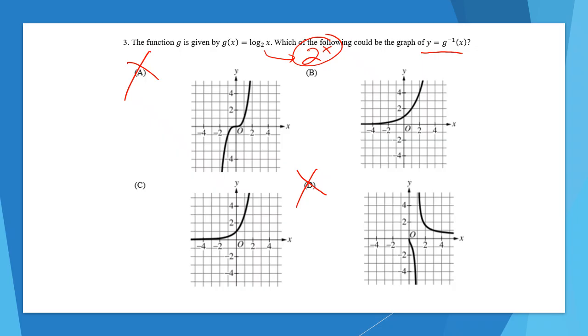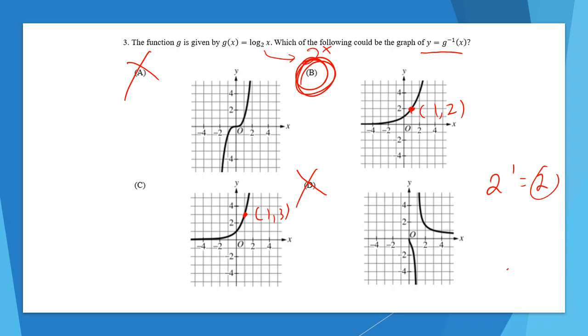The difference between B and C is that C runs through the point 1, 3, while B runs through the point 1, 2. We need to see which one is 2 to the power of x. When we plug in 1, 2 to the first is 2. That should be our y value, making B the correct answer there.